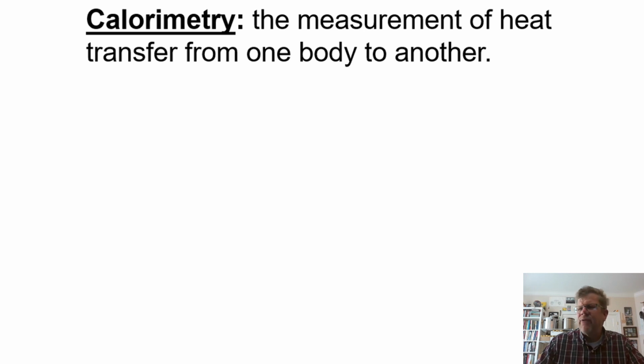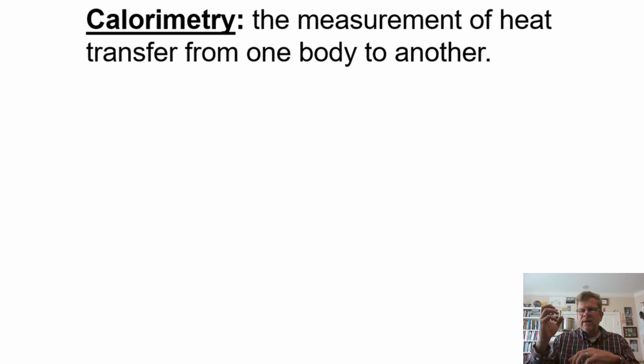In a laboratory situation, if we need to find the amount of heat flowed, we can think about a system. Imagine we have a sample of something, and that sample sits in a surroundings, and any heat flow into or out of that sample will flow either into or come from the surroundings.